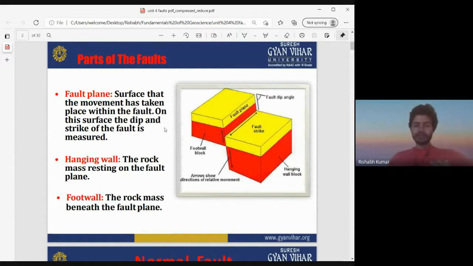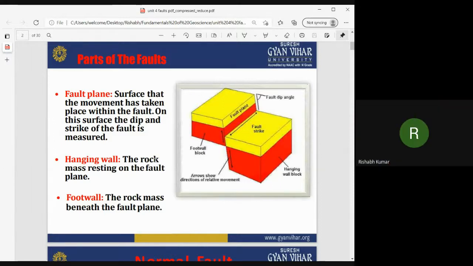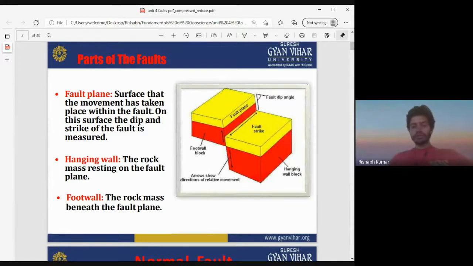The block on one side of this fault plane will be known as the hanging wall, and the block on the other side of the rupture, or this fault plane, is going to be known as the footwall, right? So which block is going to be known as the hanging wall, and which as the footwall?